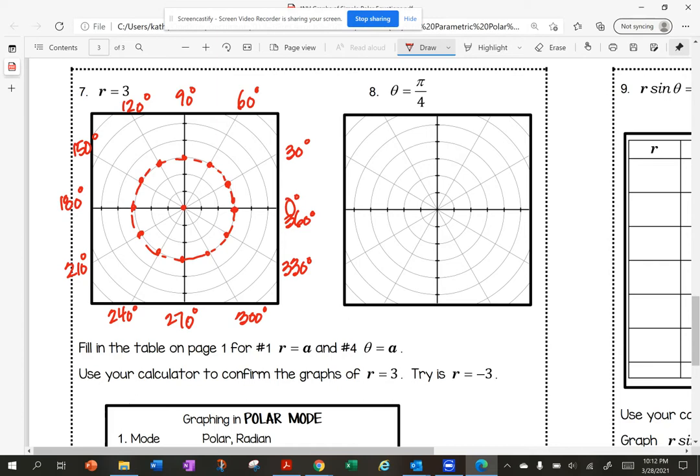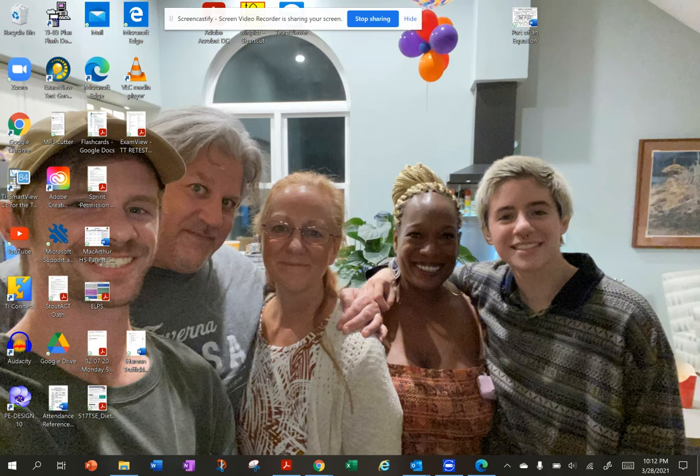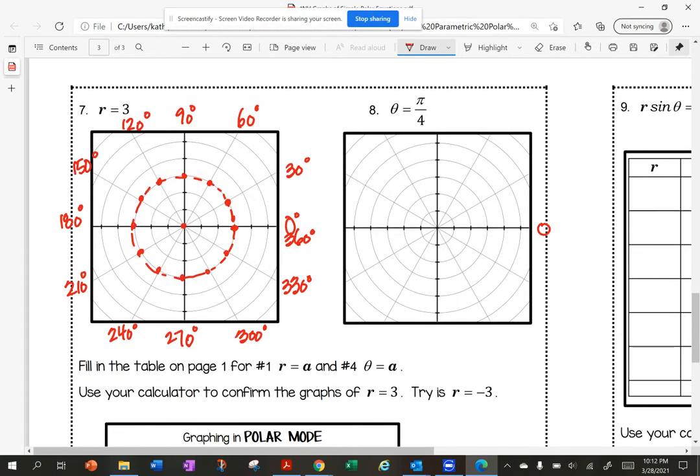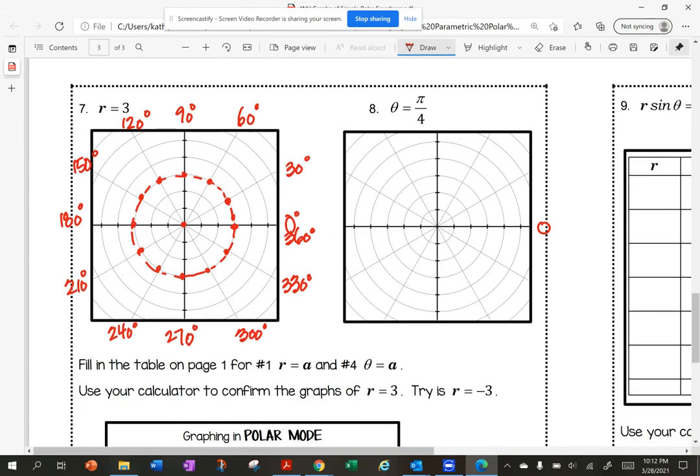All right, so let's look at number 8, which is the other extreme. This time it's giving me an angle. So the angle is pi over 4. So this is specifically talking about at pi over 4. So I know pi over 4 is 45 degrees.